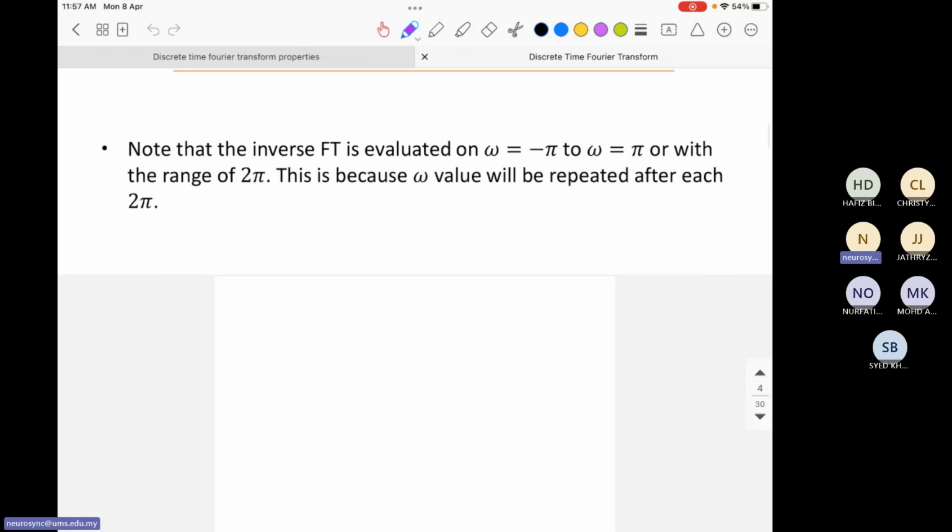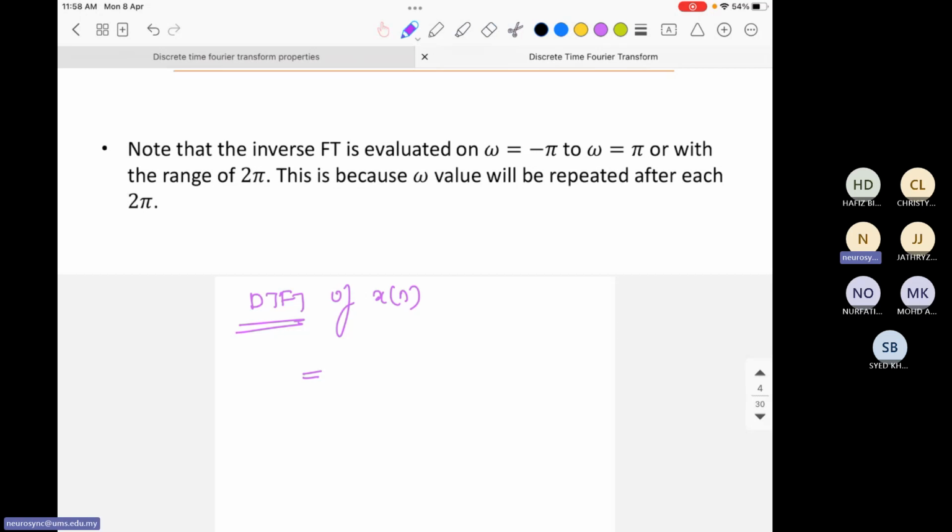Okay, now the DTFT of, suppose, the sequence x of n. How do we define the DTFT of the sequence x of n?